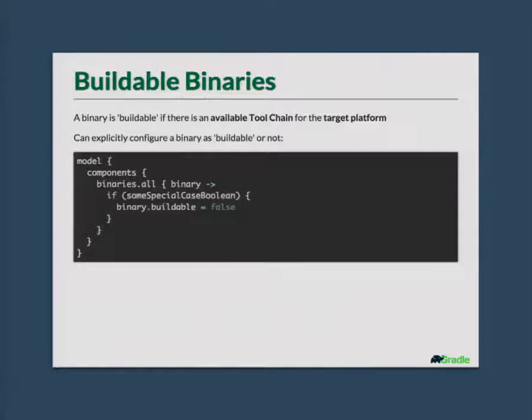Like I said, you can turn off some of these binaries. Let's say for all the binaries we're building, if some special condition is met, say it's a debug-free binary, we know we'll never build that combination, and we can set its buildable flag to false, and that means we won't try to build it.